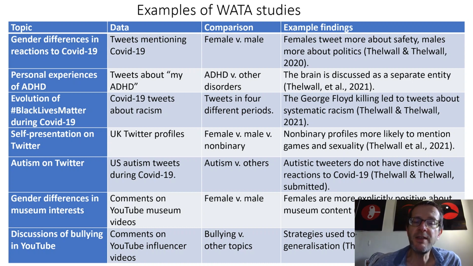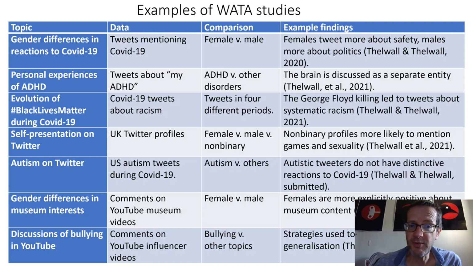These are the Twitter profiles, and the comparison was male against female against non-binary UK Twitter users. An example of the findings was that non-binary profiles were more likely to mention games and sexuality than the male and female profiles.